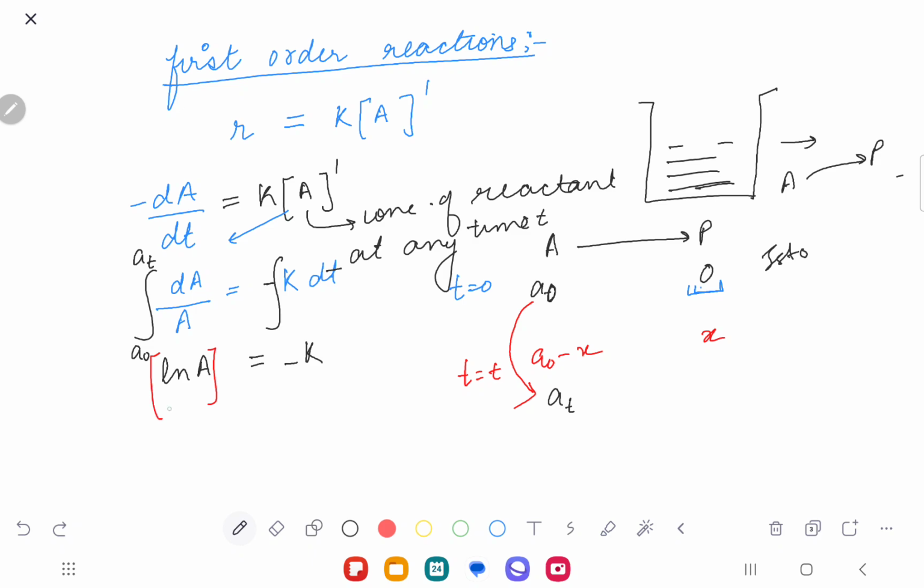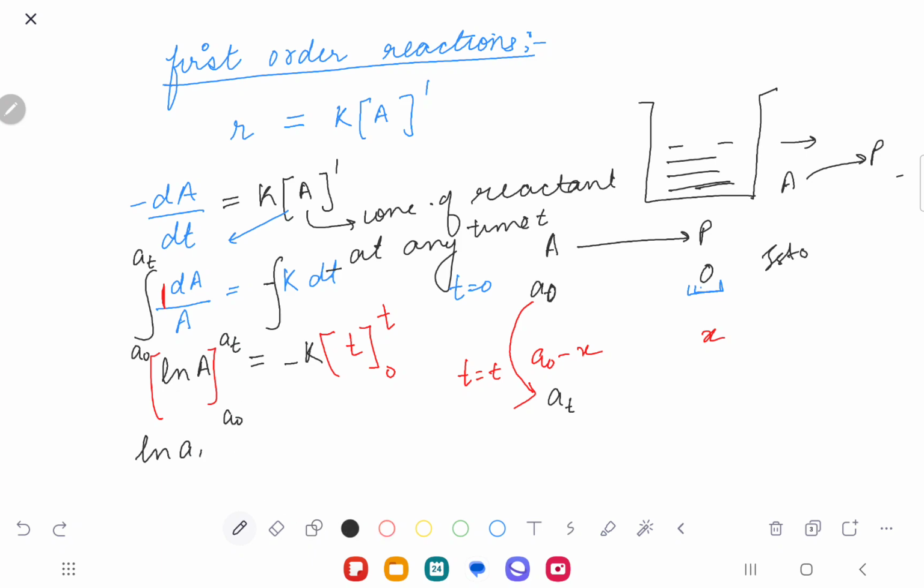So I'm going to say 1 over A. The integration of 1 over A is log A, log to the base E, and log to the base E is ln. So here it is going to become KT. And this decrease is taking place in 0 to t seconds, and the concentration is changing from A naught to AT.